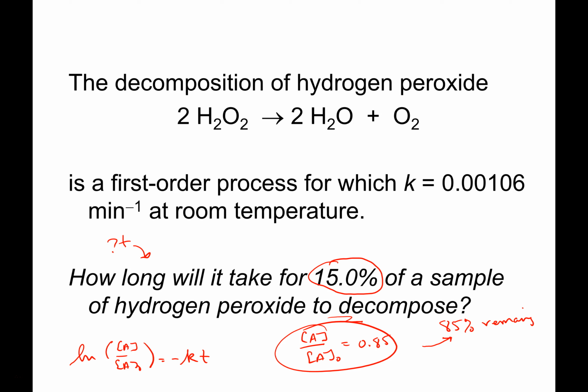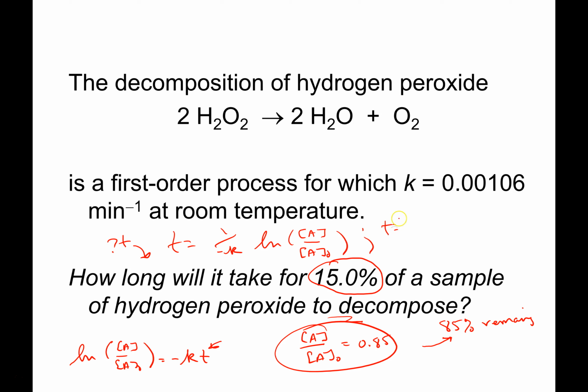And then how can we rearrange that, solving for T? Divide by negative K. Right. So T is equal to 1 over negative K times the ln of A to A0. I'll jot down what we got.